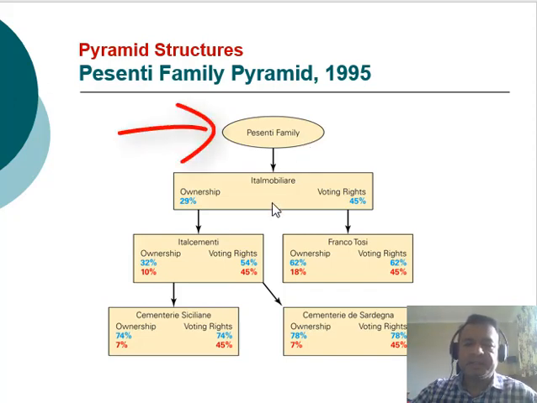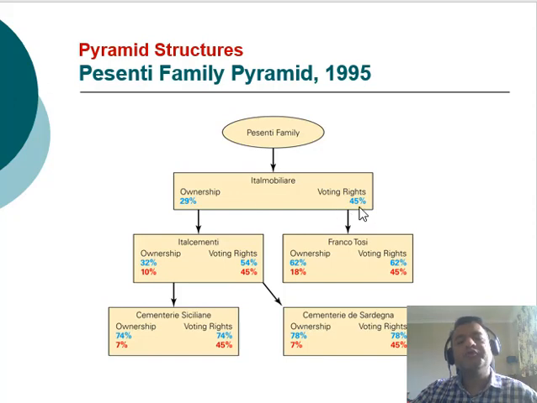They create a company A. They have the ownership of 29%, but they have the voting right of 45%. Then they create a second company, in which they have the ownership of 32% and the voting right of 54%. And in the third company, the ownership is 62%. They also have the voting right of 62%.